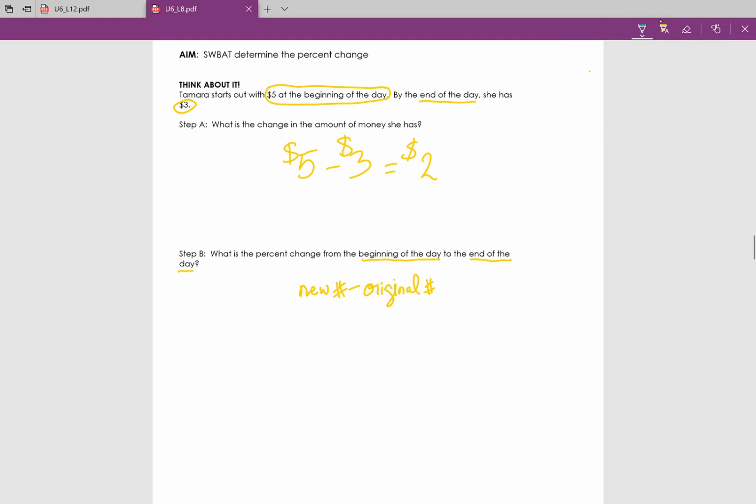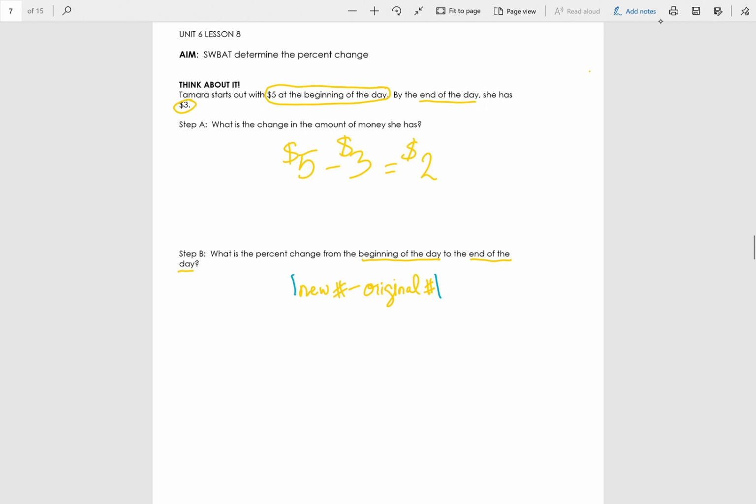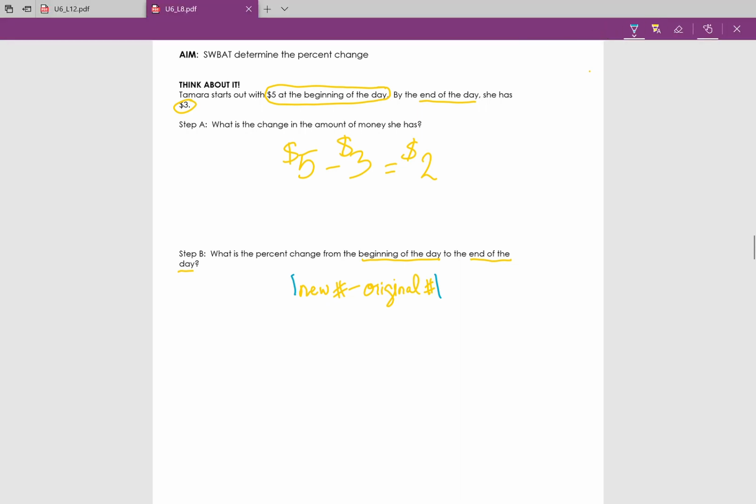I'm going to highlight that in blue so that we don't forget. And then after we do that, we're going to divide that number by the original amount. We do that first. And then after that, to make it a percent, we multiply it by 100, since a percent is out of 100.